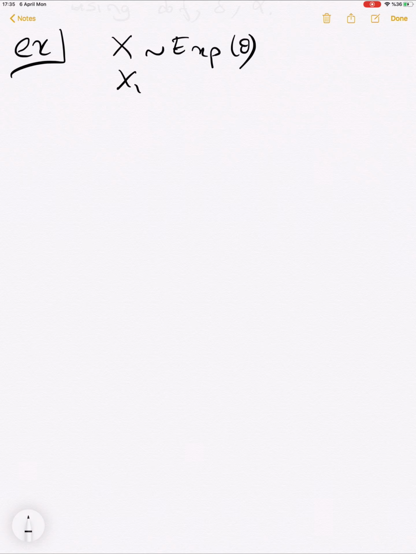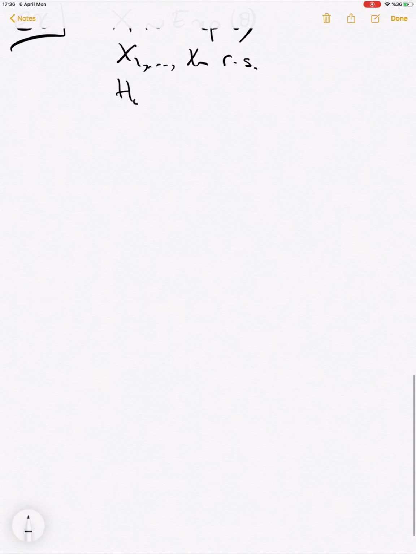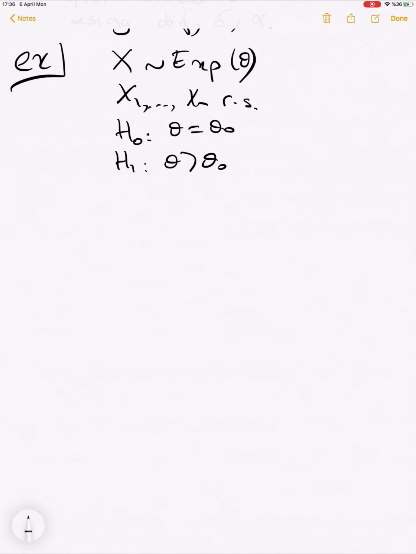Let's say we have a random sample of size n, and we are testing theta equals theta 0 versus theta greater than theta 0. It can be less than also, or not equal to, but I want to focus on the one-sided case right now to show you the procedure.